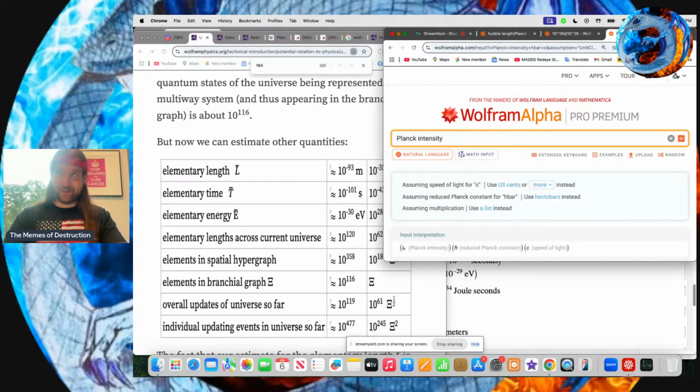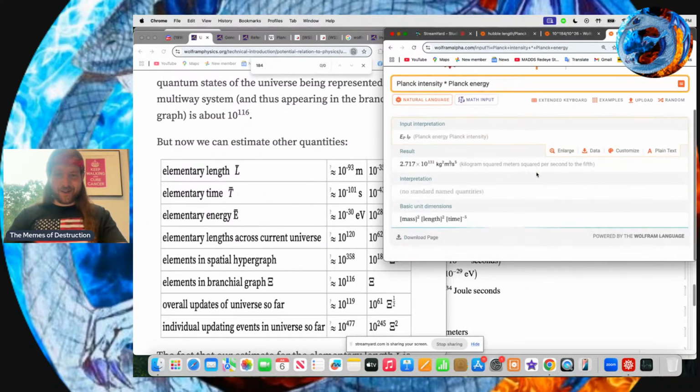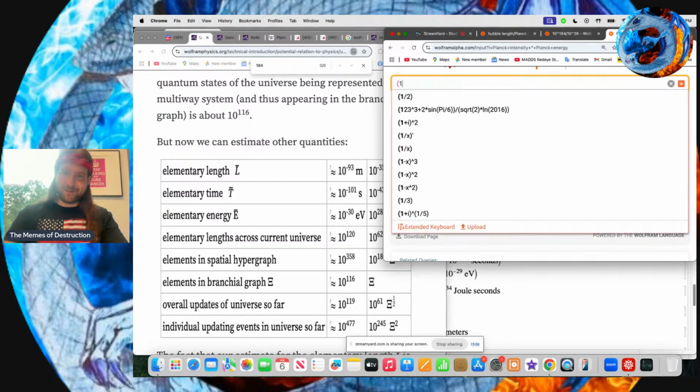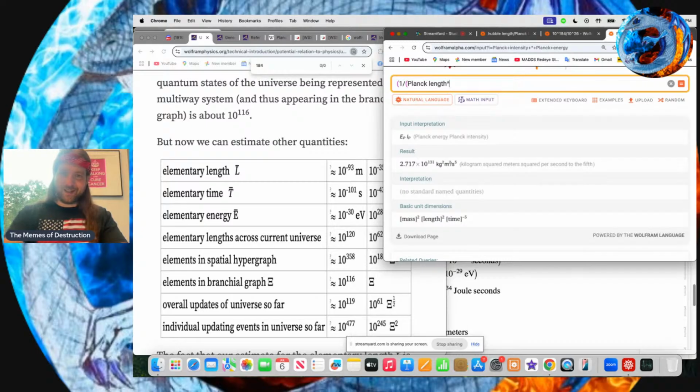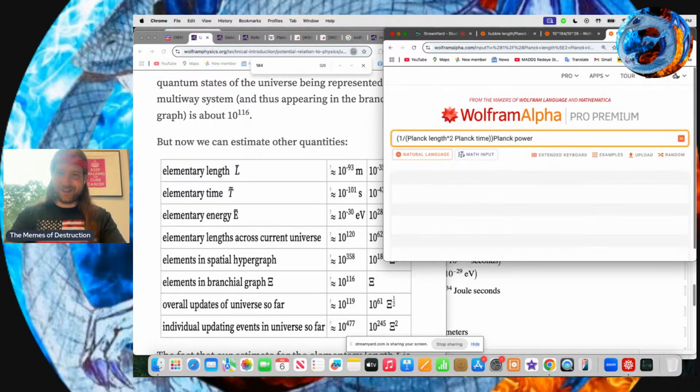It's 122. 122 to 158 is 10 to the 26, times like energy. Oh, no, no, no. I got it from the flux. Okay, hold on. So 1 over Planck length squared Planck time. I literally multiply this by the Planck power. Is that what it was? Planck power.